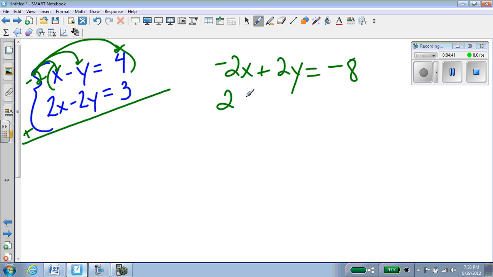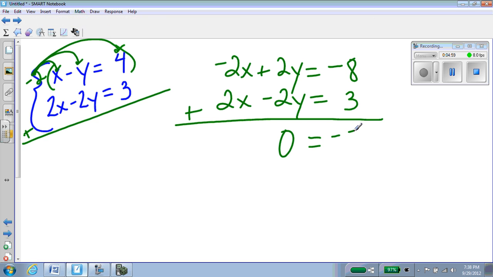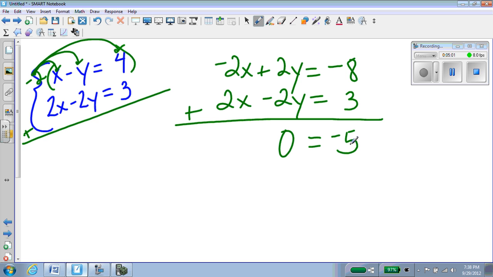And my other equation, 2x minus 2y equals 3. Now when I draw my line and add, my x's eliminate. Oops. My y's eliminate as well. So I've got nothing over there equals negative 5. Nothing equals negative 5. That's false. That is a lie. False. So this system has no solutions.